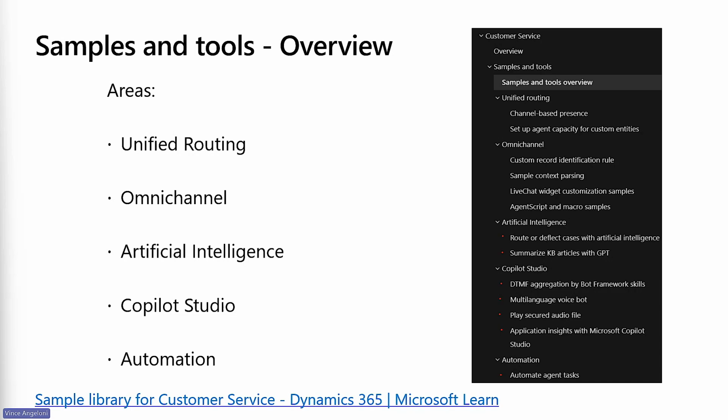The main areas are unified routing, omnichannel, artificial intelligence, Copilot Studio, and the last, automation. Today, we are presenting the second part of the deliverables. I highlighted with a red point the ones that we are going to present today. Let's move to the first one.